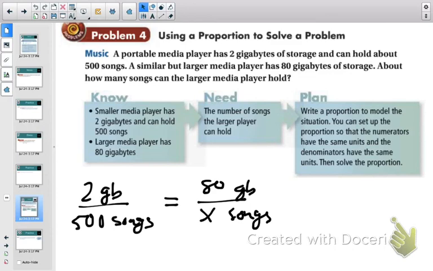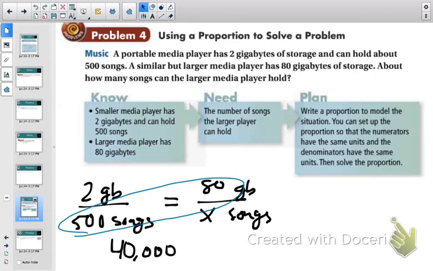Then I just go through and solve this proportion by cross products. 500 times 80 is going to give us 40 plus 1, 2, 3 zeros, so 40,000, and that equals, multiplying these together, 2x. Divide by 2.